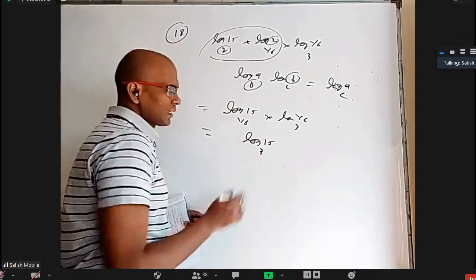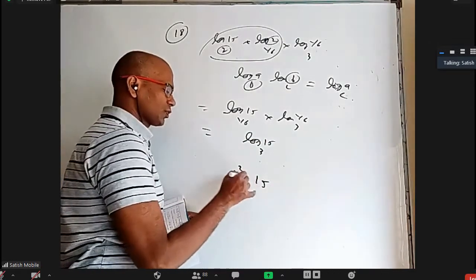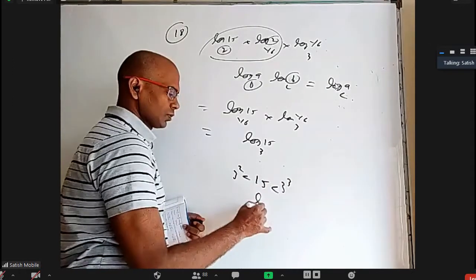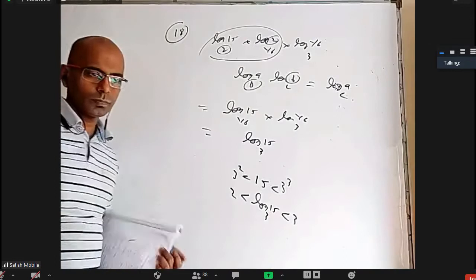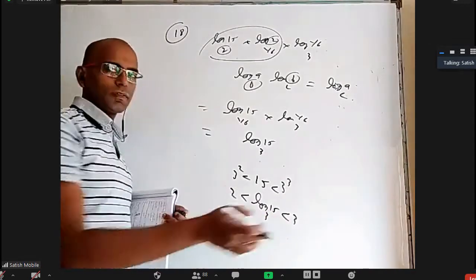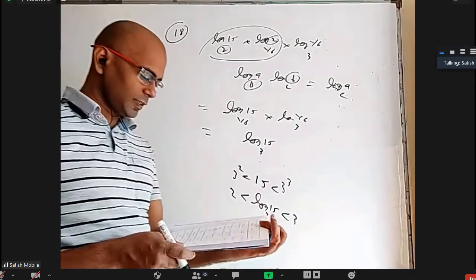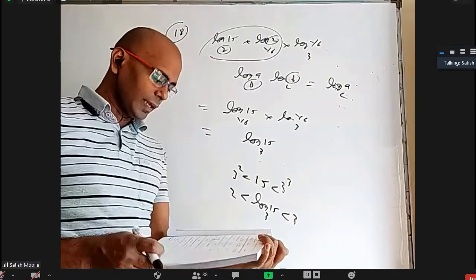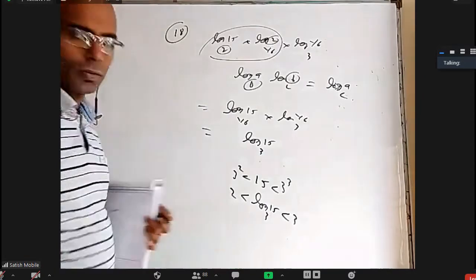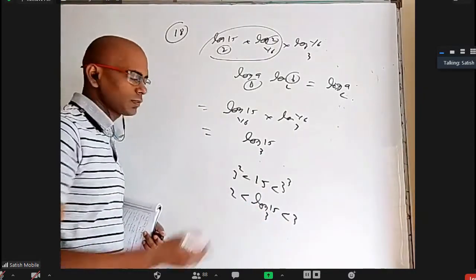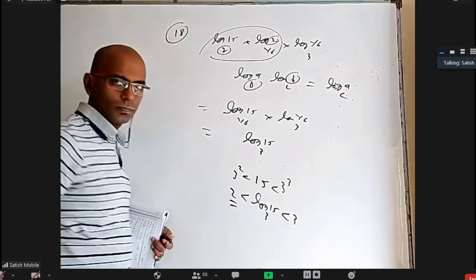Even though I cannot find the exact value, I know 15 is between 3 square and 3 cube. So log 15 base 3 is between 2 and 3. If any number is between 2 and 3, greatest integer function you already studied. That's what they're asking: greatest integer less than or equal to this number. This actual answer is 2 point something, so the greatest integer less than that is 2.